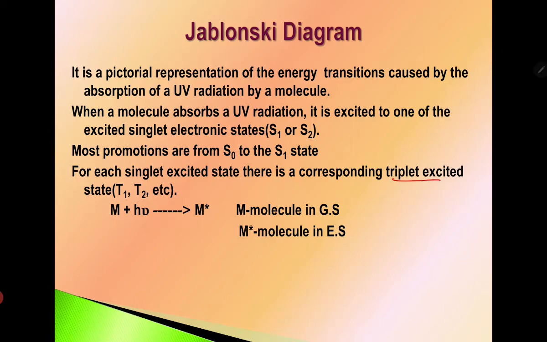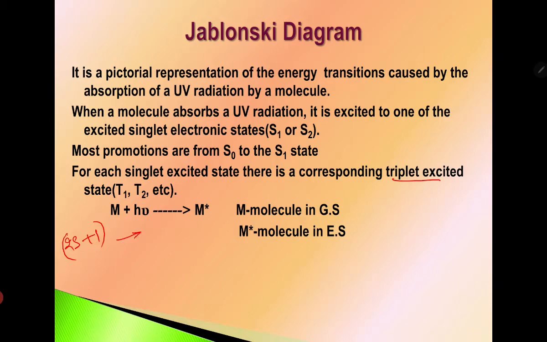See, most molecules possess an even number of electrons in the ground state. Almost all the electrons are paired, that is, an even number of electrons means all the electrons are paired. And we know that the spin multiplicity of a state is given by 2S plus 1, where S means total electronic spin.